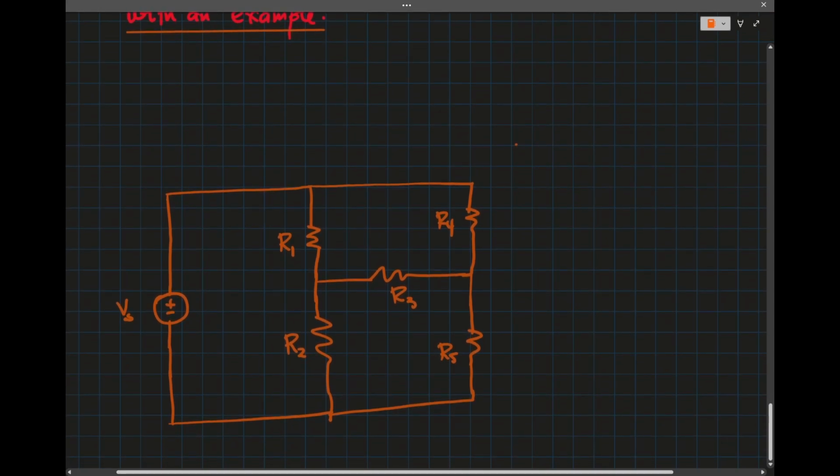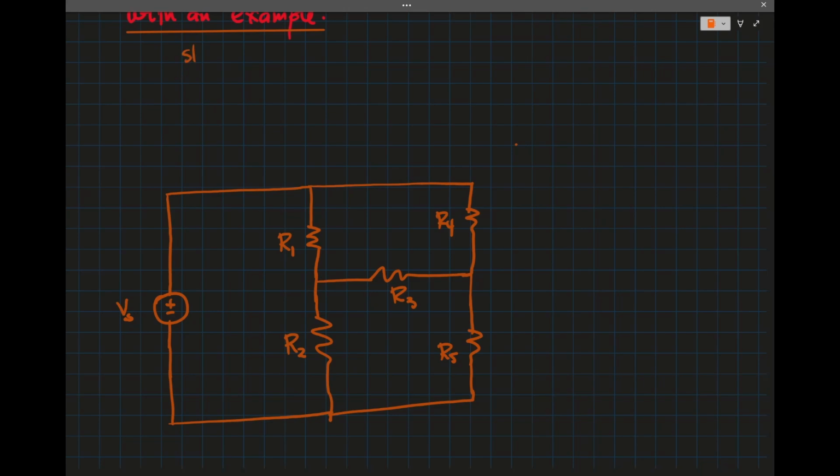To apply KVL and KCL, we give reference direction and polarity to voltage and current. So step 1: assign a reference direction to current in each branch.